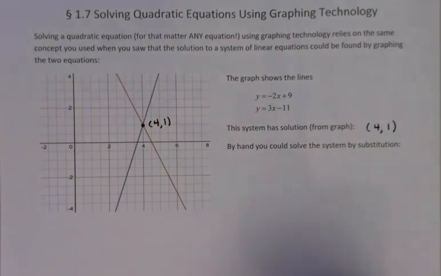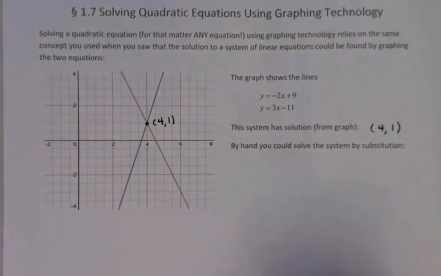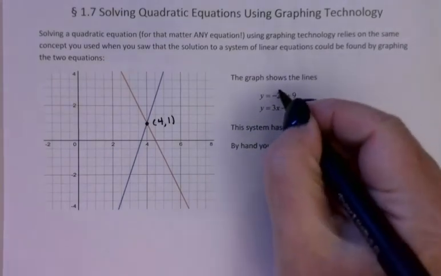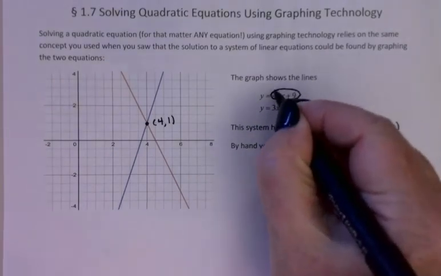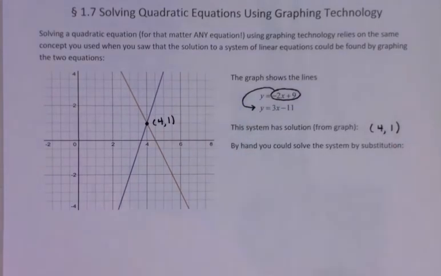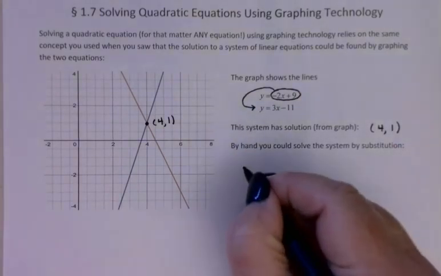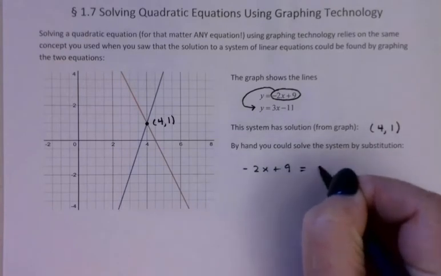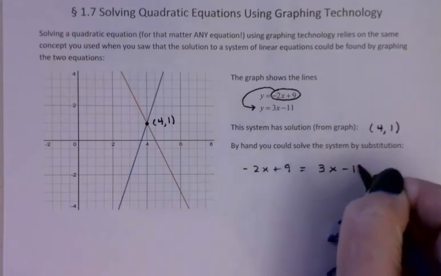We could have also solved this system by hand using a substitution method. If I just took this negative 2x plus 9 and substituted it for the y in the second equation, I would have negative 2x plus 9 equals 3x minus 11.